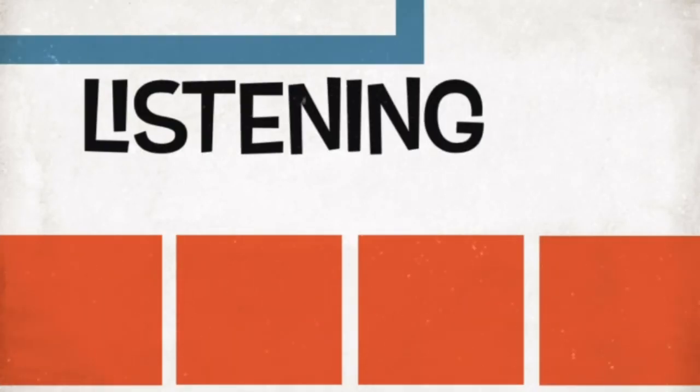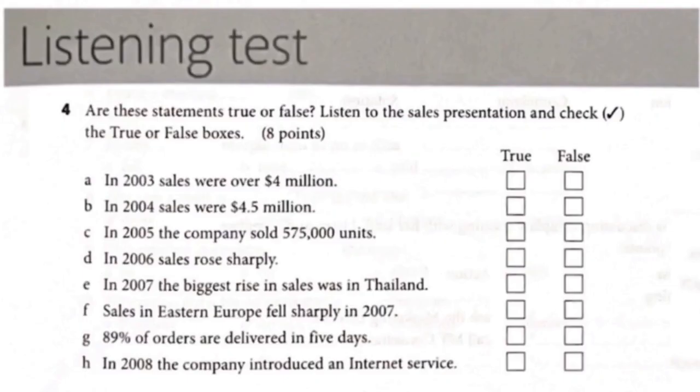Listening. Track 53. 4. I'd like to give you some information about our sales performance for the years 2003 to 2007. If you look at these graphs, you will see that sales in 2003 were just over $4 million. In 2004, sales rose slightly to $4.5 million.